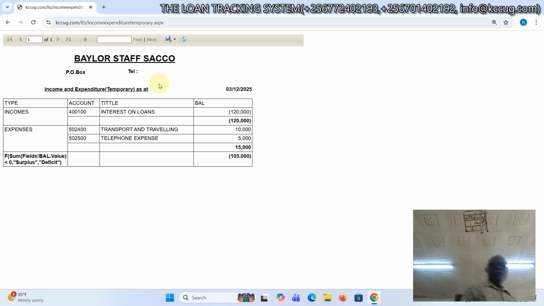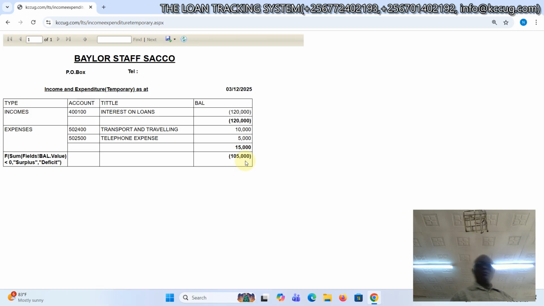Okay. So when you click on income statement, I want you to notice that you have your income here, which is interest on loans, which is 120. And you have your expenses here, transport and telephone expenses totaling 15,000.